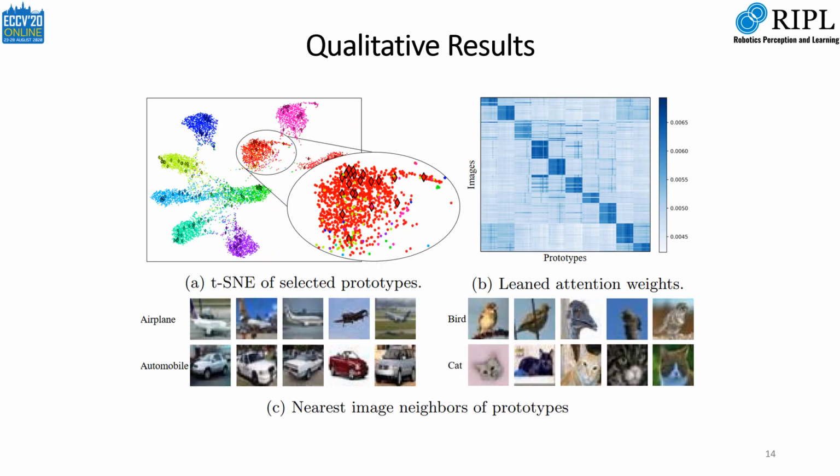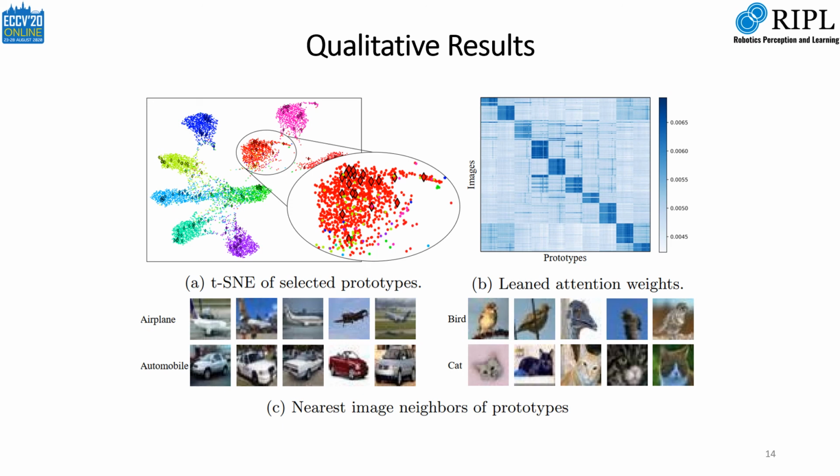To better understand how the feature-based augmentation module works internally, we visualize the learned attention weight from the image features to the prototype features in figure B. We can see that the module learns to attend to prototype features within the same class. In figures A and C, we visualize the extracted prototypes.